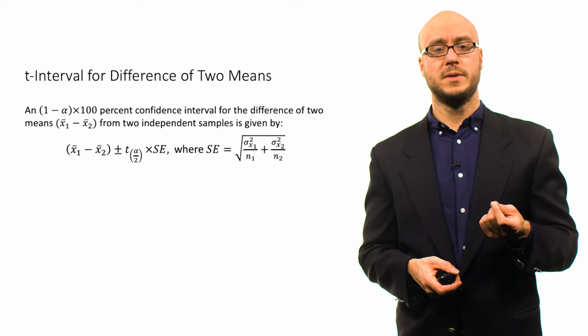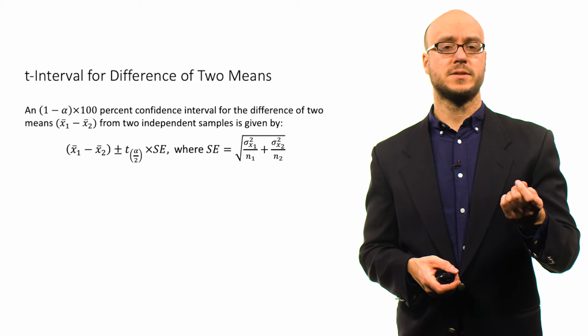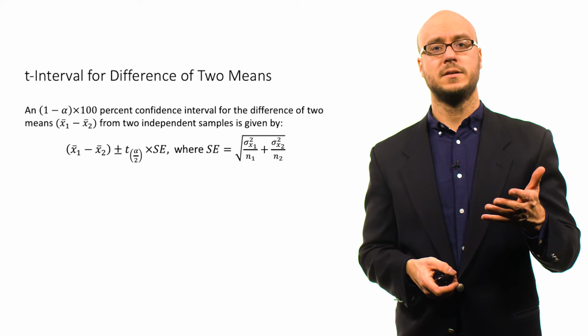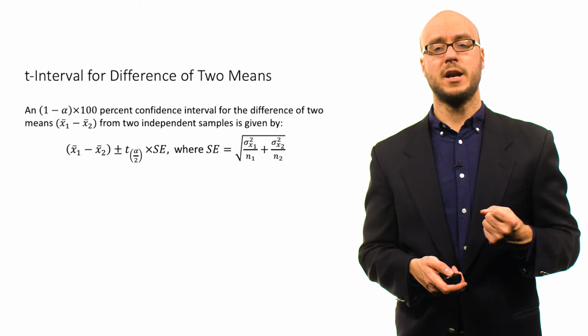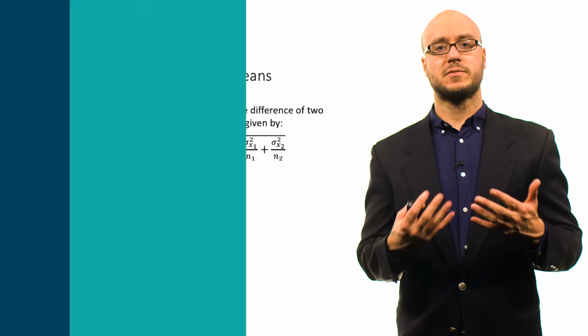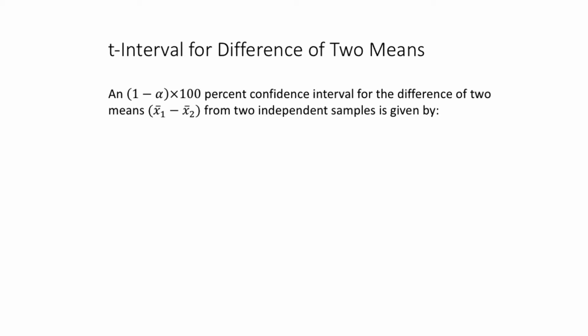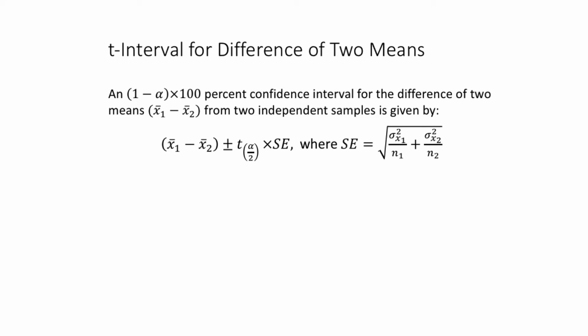So you have a point estimate, so the difference of the two sample means, and then you add and subtract t alpha divided by 2 times the standard error, where the standard error is really, it's really this sort of sum in a way. So the idea behind this is that each sample size is given by n1 and n2, and then we use the two different sample variances as estimates for these two unknown population variances.